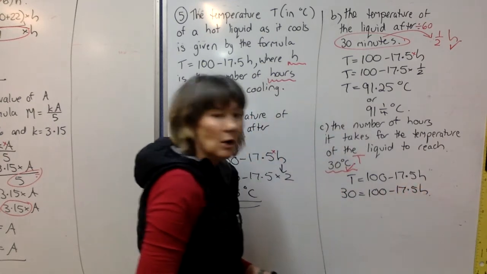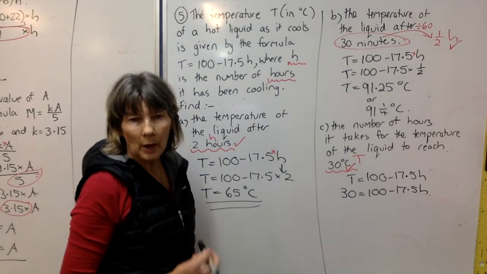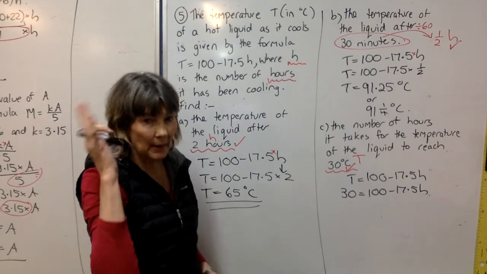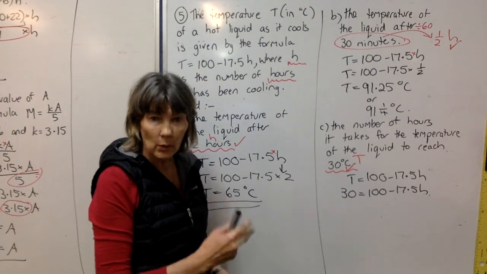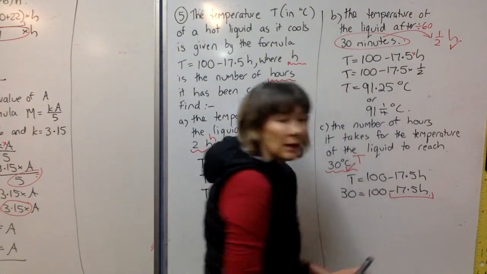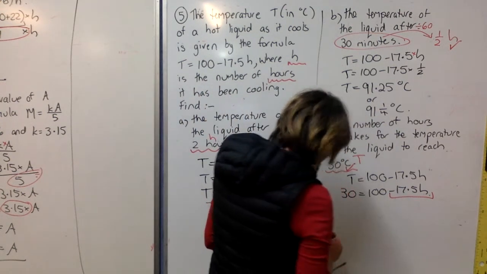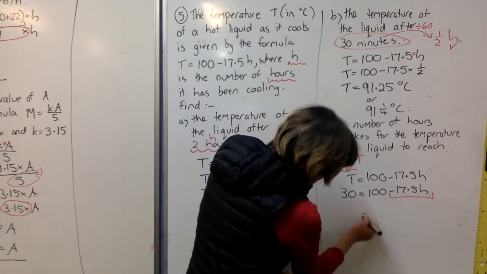And then we're going to be solving this equation. Now, you can take your time and do this however you want, but I'm going to jump ahead here and think about how this is going to be working out. I don't really like this idea of having a negative with my letter, so I'm going to move that whole thing over to the other side and change its sign.